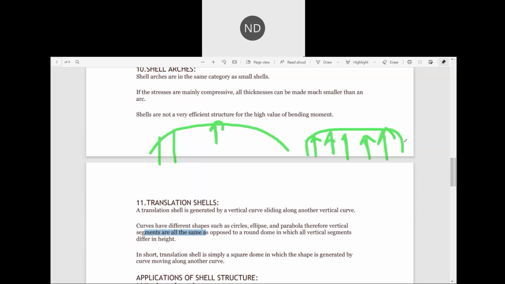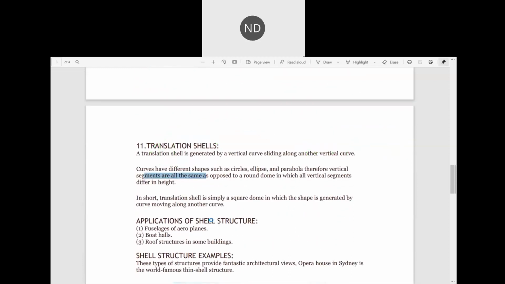Only this portion is curved a little bit at the bottom. So it can be said to be a square dome only. It is also known as a translation shell.